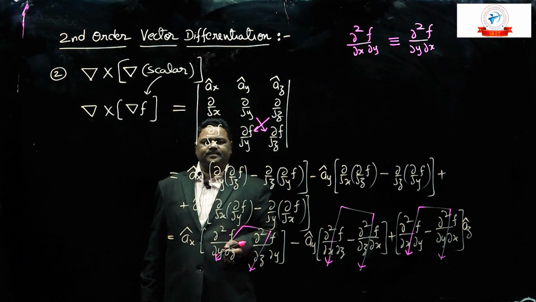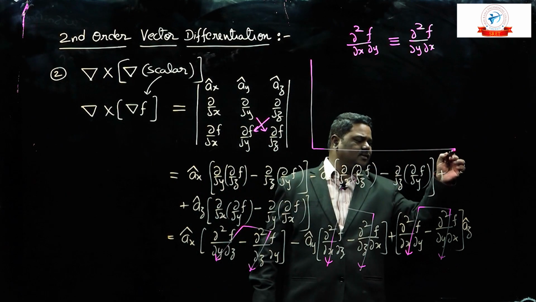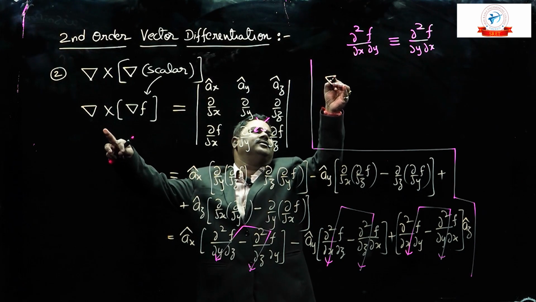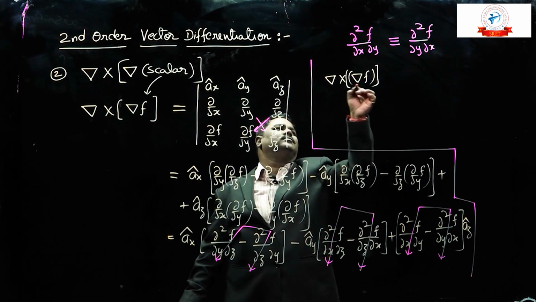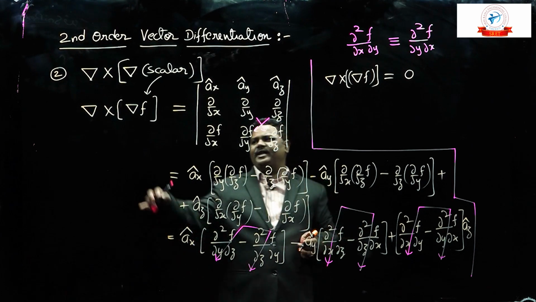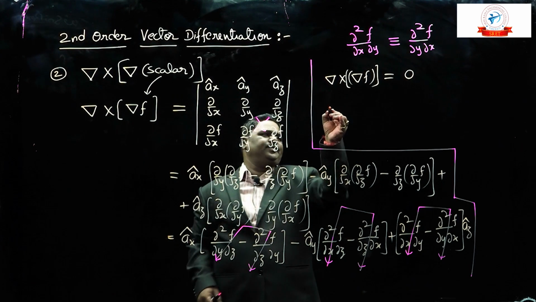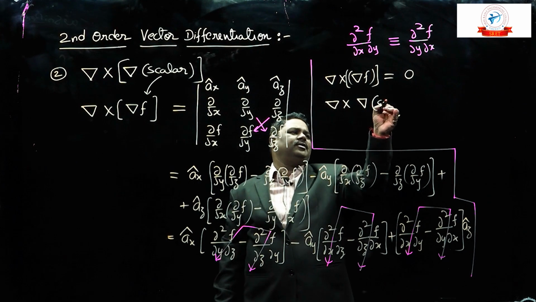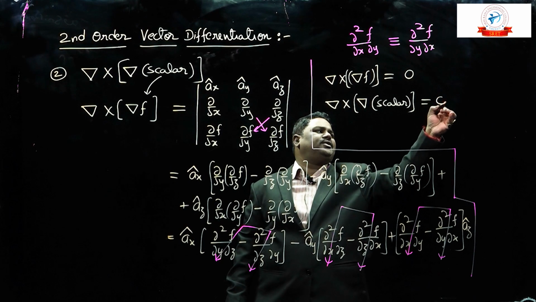Then what is the final result? I will write here. The left side is the curl of gradient of f, which is equal to the right side term, 0. So what we have obtained is that the curl of gradient of any scalar field or scalar function is equal to 0.